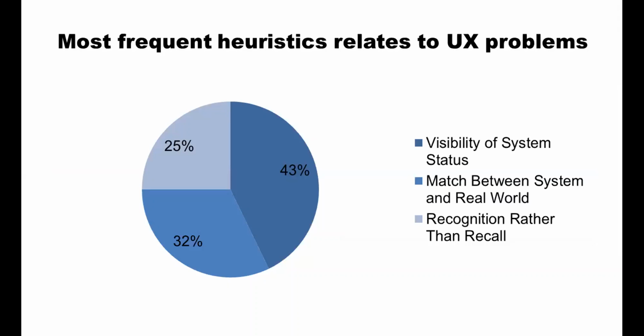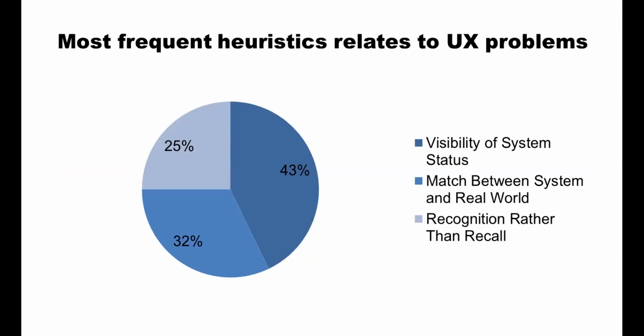So, from the 10 heuristics defined by Nielsen, we identified that 3 of them are the most frequent problems mentioned by users.